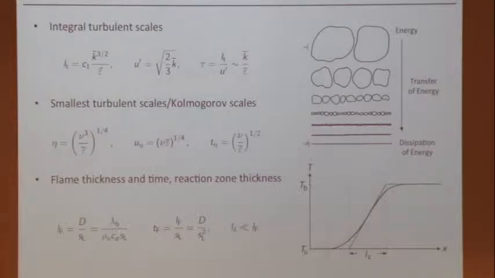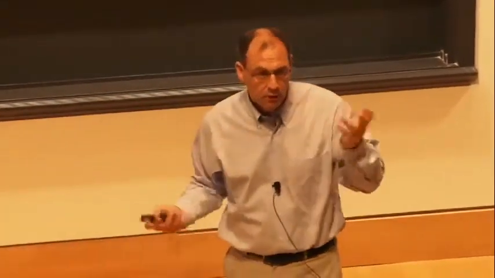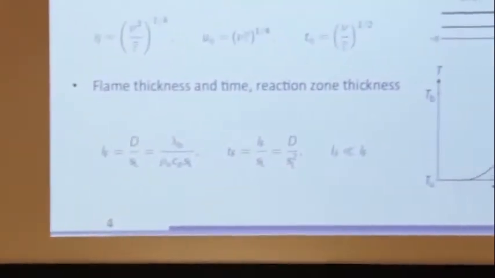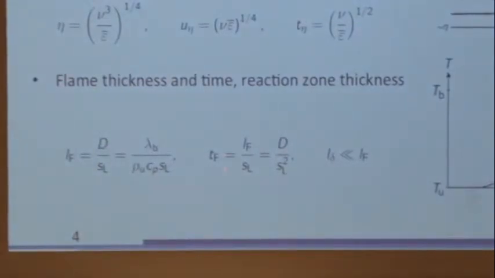So for each one of these, you always have two scales. You have a length scale and a velocity scale, and a time scale always follows from this. Here, for example, we have a length scale and a velocity scale, and the time scale follows from these two, and same here.